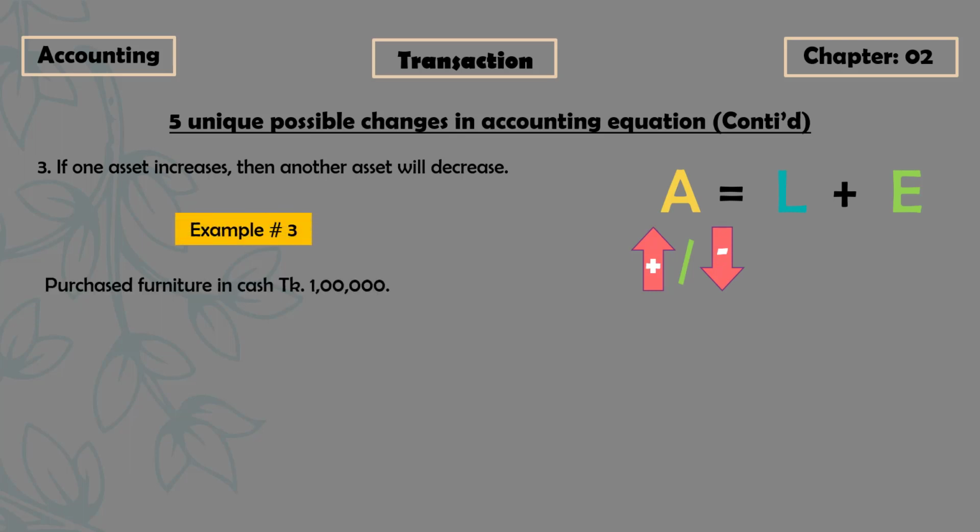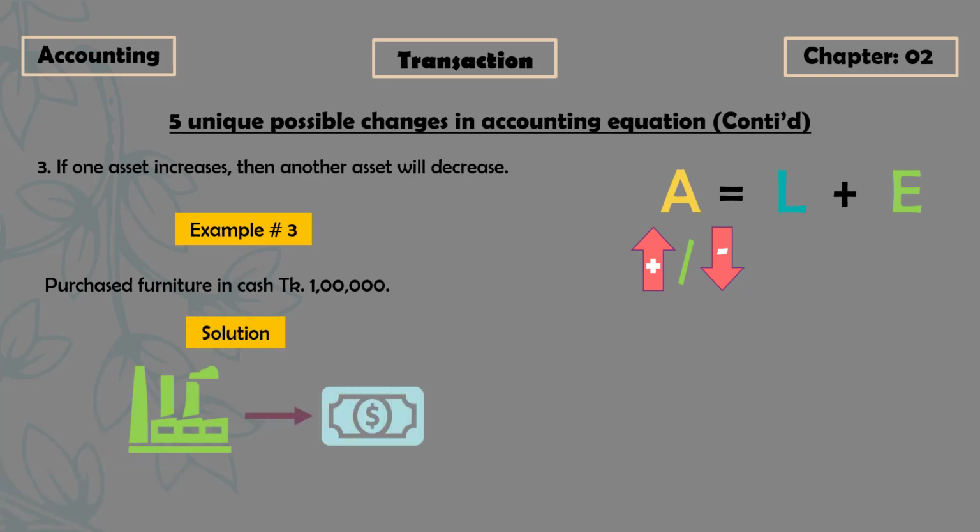Example number 3, purchase furniture in cash taka 1000. That means the business received furniture and paid cash. So for paying cash, asset decreases, and for receiving furniture, asset increases. So see the illustration.